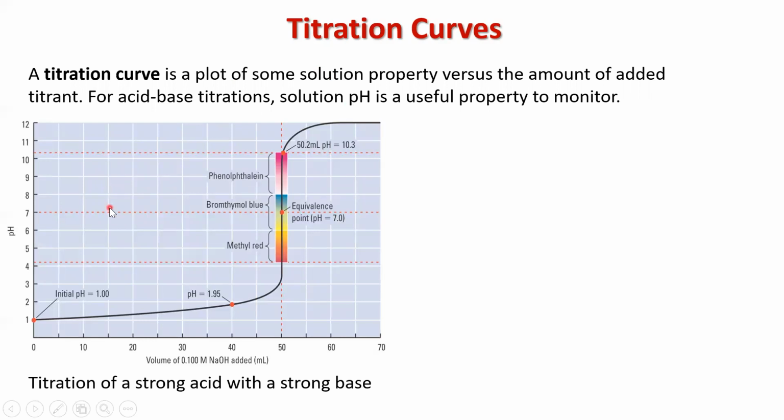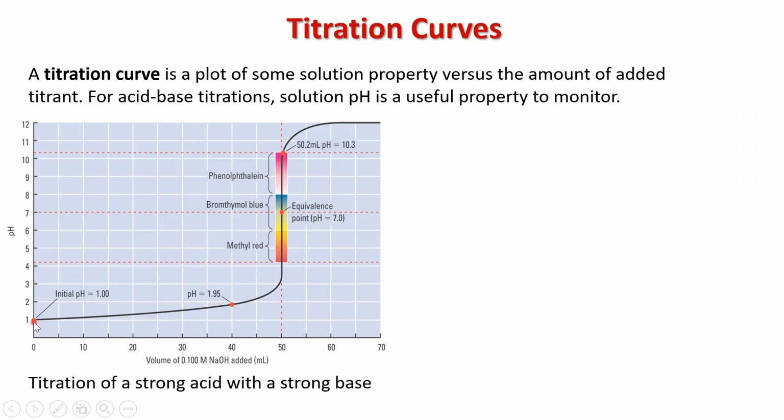So here's an example of a strong acid, strong base titration curve. If we look along the x-axis, we're talking about the volume of 0.100 molar sodium hydroxide that's added to our acid.